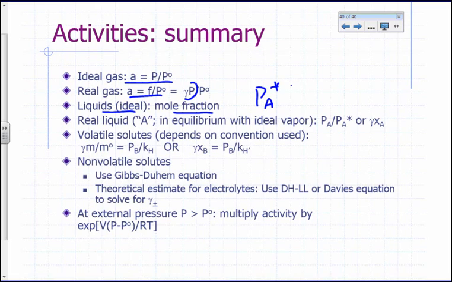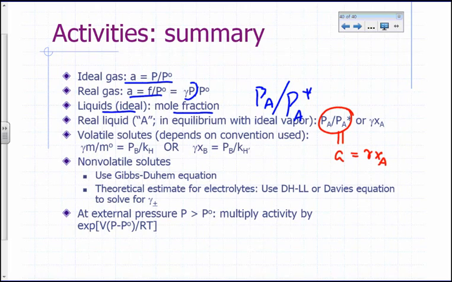So if you have a liquid A as part of a mixture, then its activity is PA over PA star. Okay, and that's going to be equal to XA if it's ideal. You multiply it by gamma, and so gamma times XA is the activity. All right, so PA over PA star is the activity, equal to gamma XA. So it's going to be equal to XA, the mole fraction of A, if your liquid is ideal.